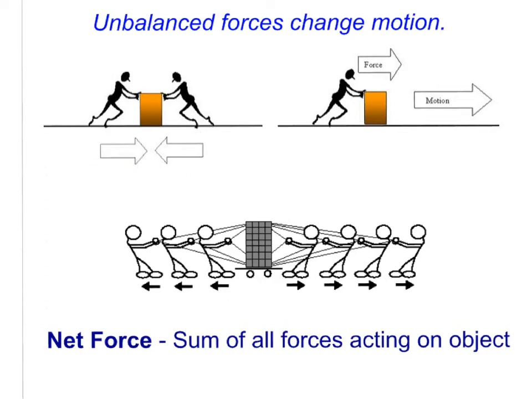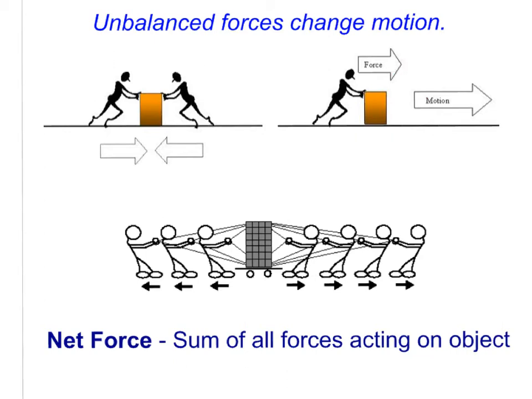There are two forces at work here. If you have unbalanced forces, we have a force here going this direction and it's unbalanced. It is not balanced by an opposing force. There will be motion in that direction. Pretty intuitive and pretty obvious, right? And remember, the net force is simply the sum of all the forces acting on an object.